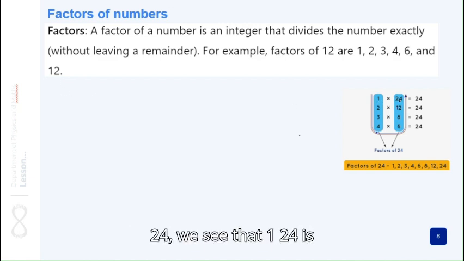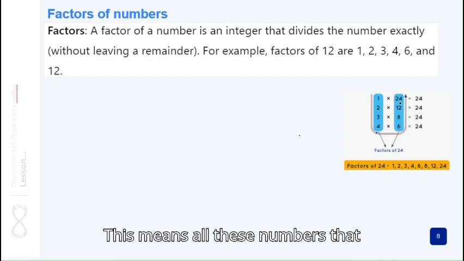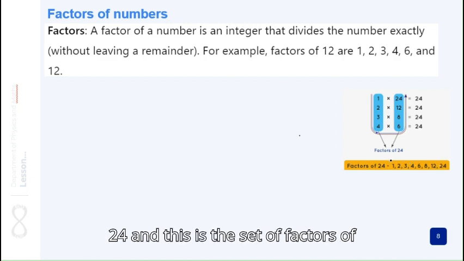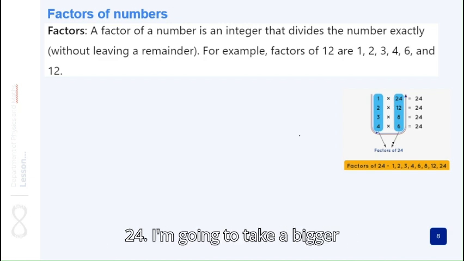We see that 1 times 24 is 24. 2 times 12 is 24. 3 times 8 is 24, and 4 times 6 is 24. This means all these numbers that have been listed, 1, 2, 3, 4, 6, 8, 12, and 24, are all factors of 24, and this is the set of factors of 24.